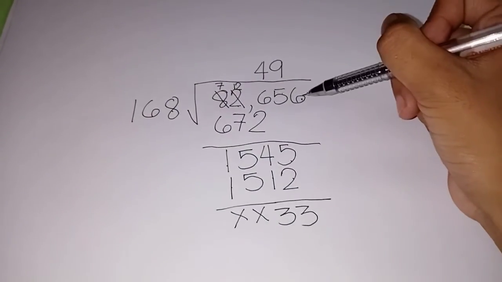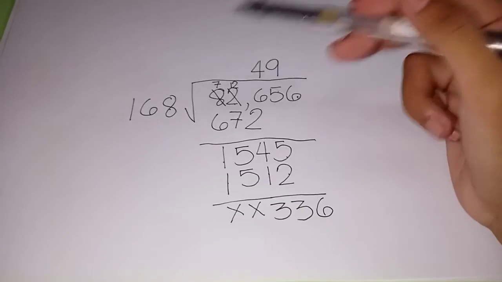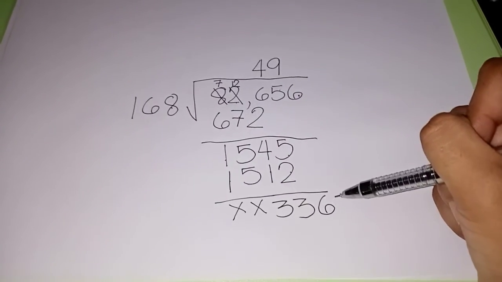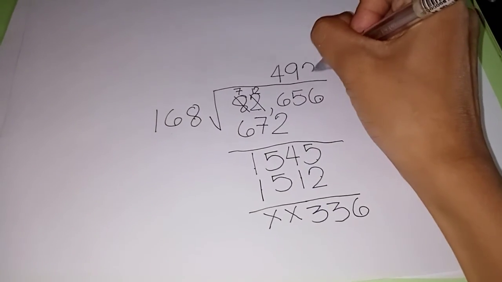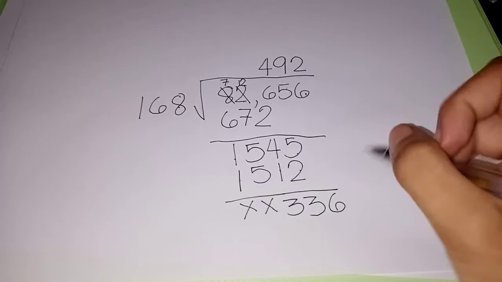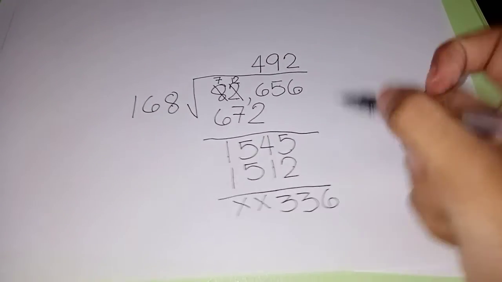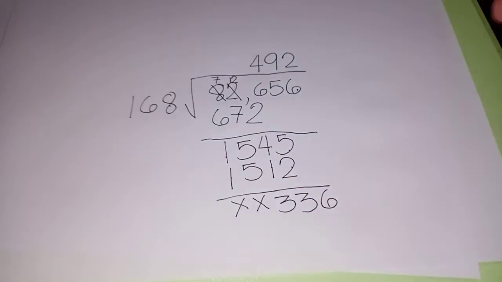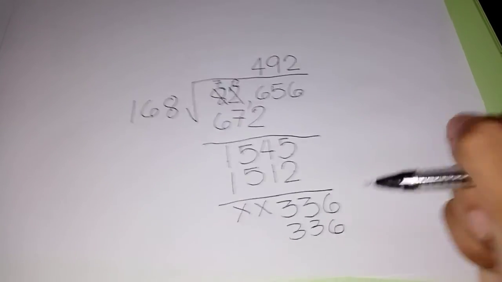Now, let's bring down the number 6. How many 168 are there in 336? Yes, there are 2 168 in 336. Now, 2 times 168 is equal to 336.